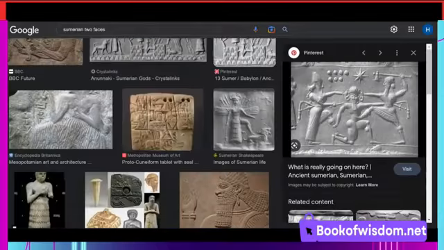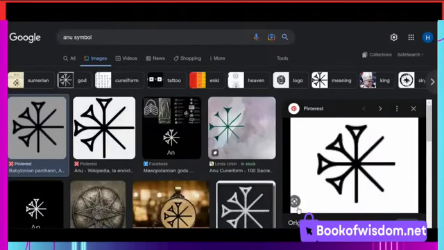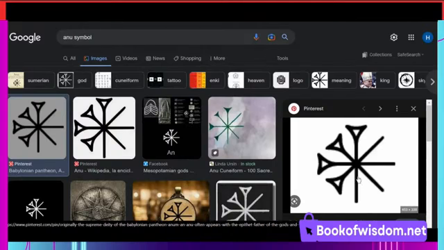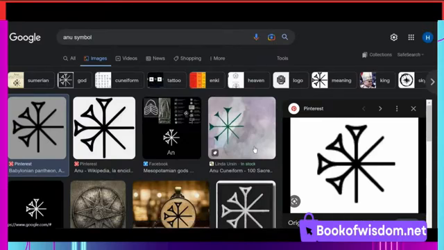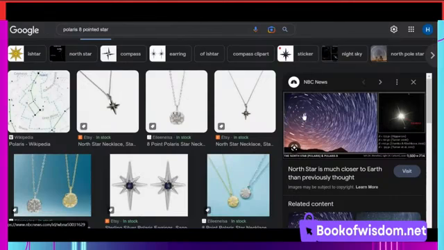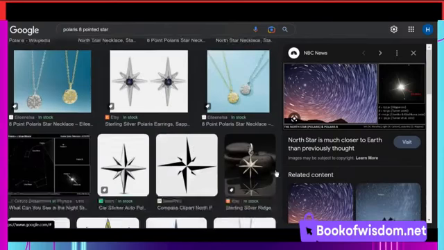So the Anunnaki symbol is also the 8-pointed star. This is symbolizing the portals and doorways that they come through in order to get to the Earth. But Polaris is that center star which does not move. It's always symbolized with the 8-pointed star, just like a compass.